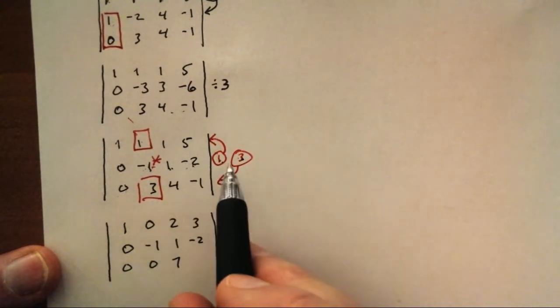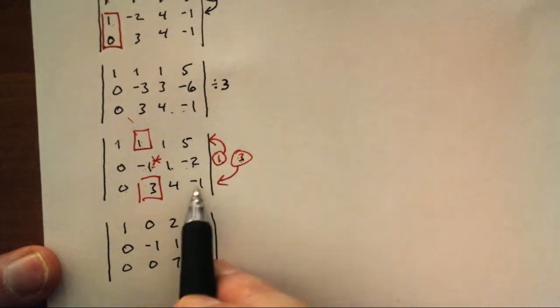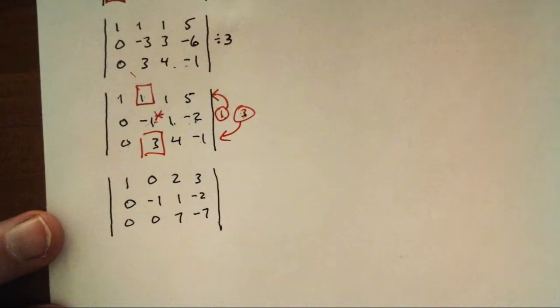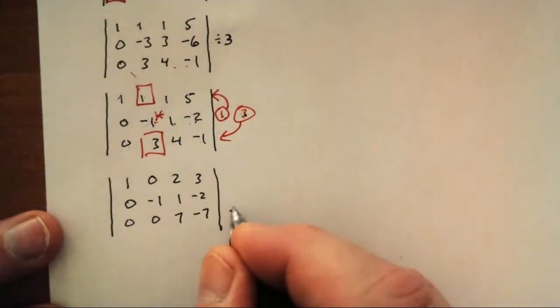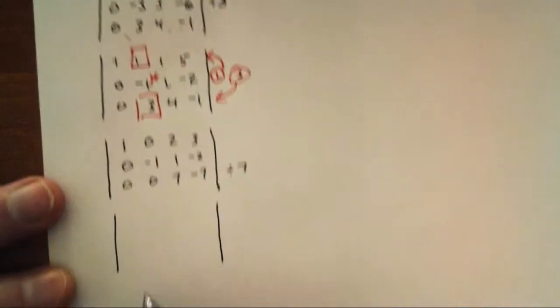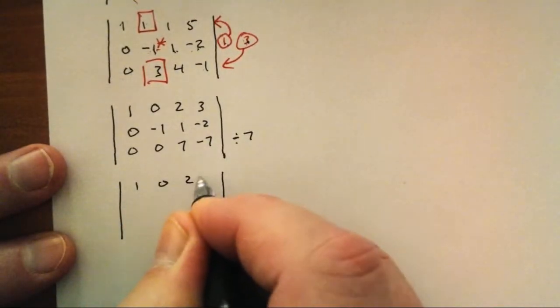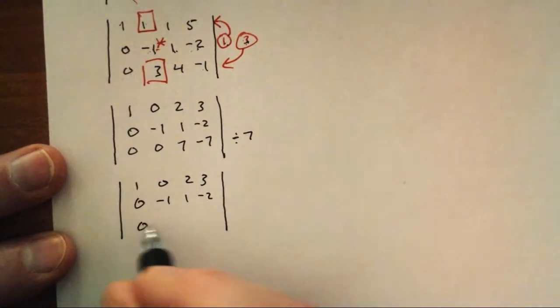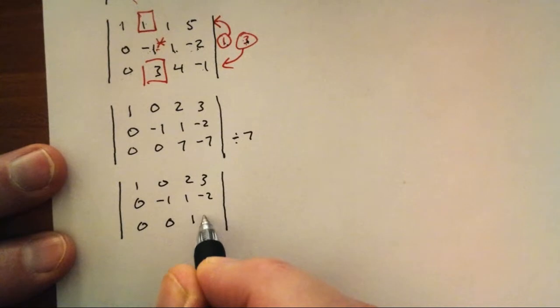And here I get -6 and -1, -7. At which point I'm going to see if I can do some house cleaning. I can divide this row by 7 pretty conveniently, or -7. So we get 1, 0, 2, 3, 0, -1, 1, -2, 0, 0, 1, -1.